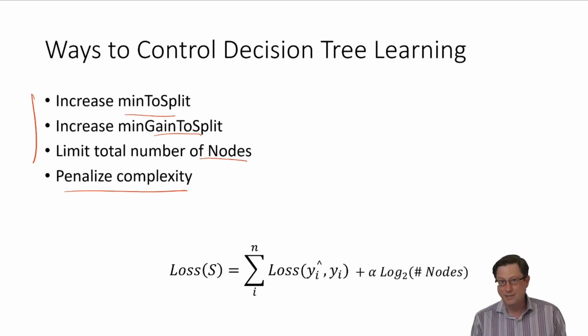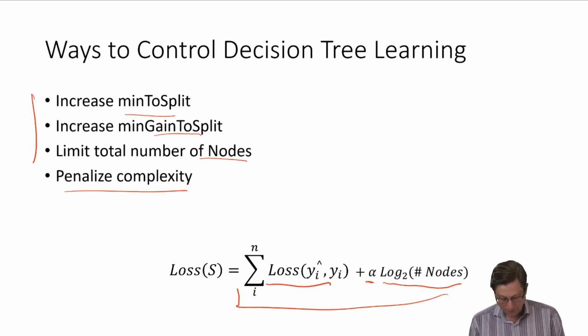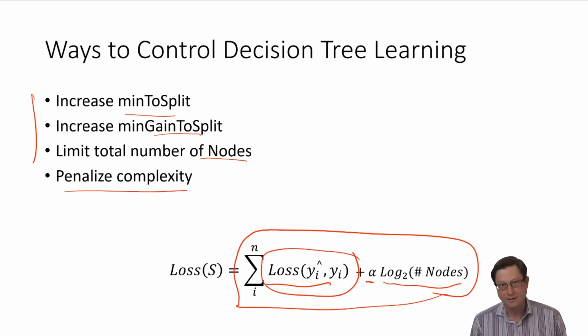So you take the loss that my model has by looking at how well it predicts the training data, and add in alpha times some penalty for the number of nodes in the overall tree that I've learned. And then I pick the model that minimizes across this joint thing instead of just minimizing on this side alone. It's just another way to think of how you're injecting your inductive bias into the loss.